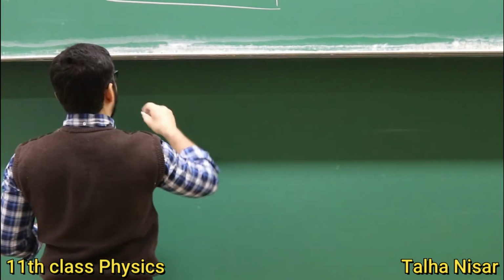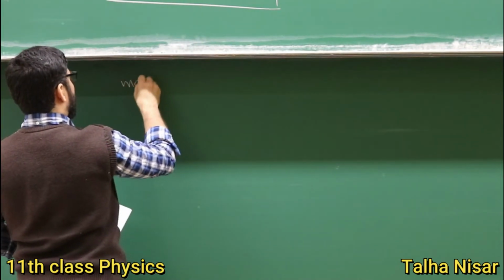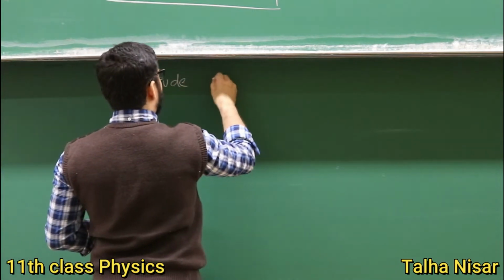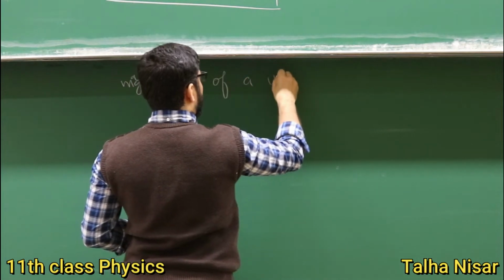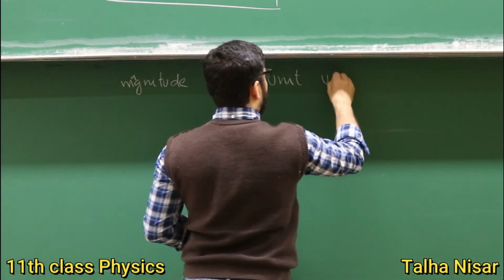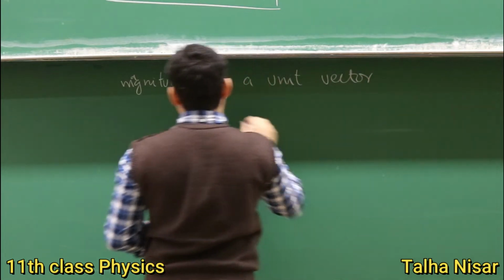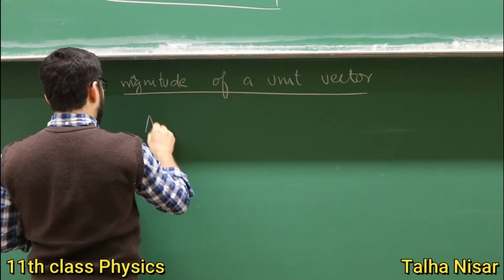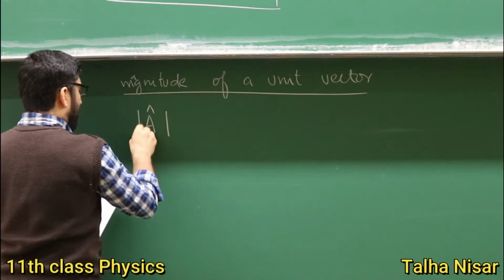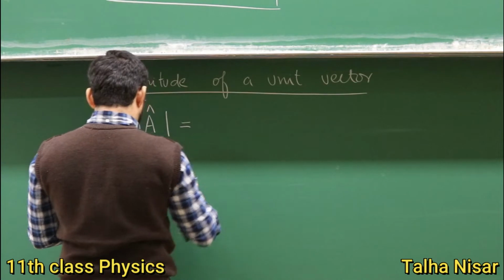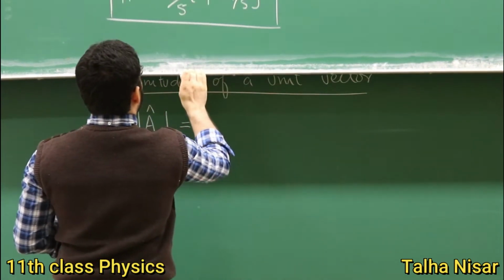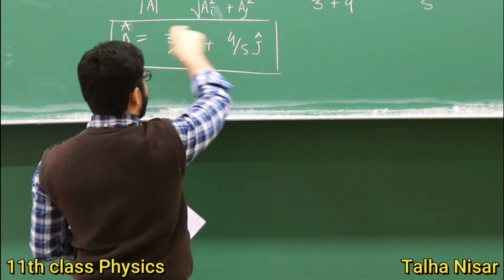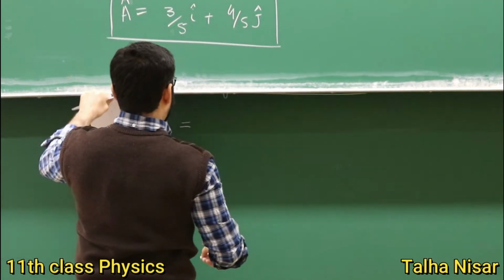The magnitude of this unit vector: we know that the magnitude is the square root of the x component squared plus the y component squared.